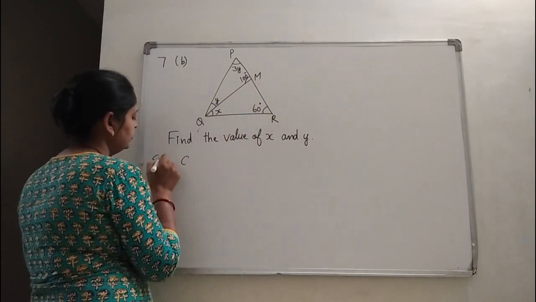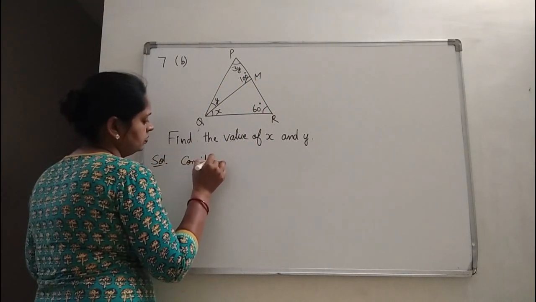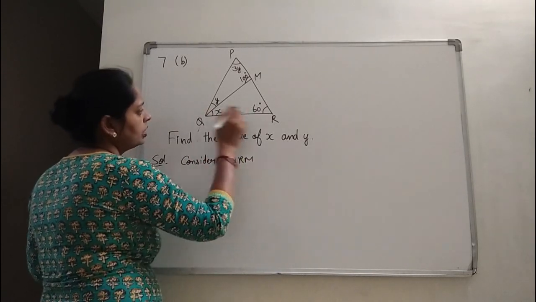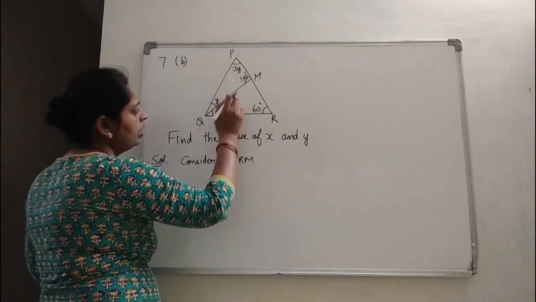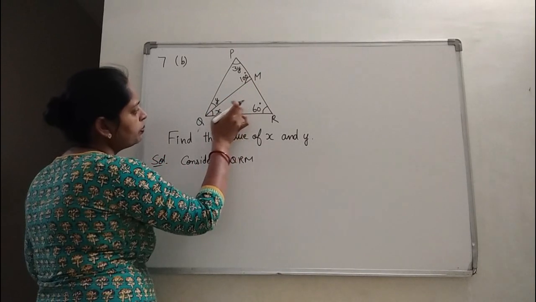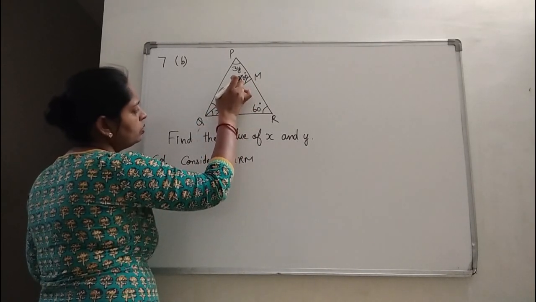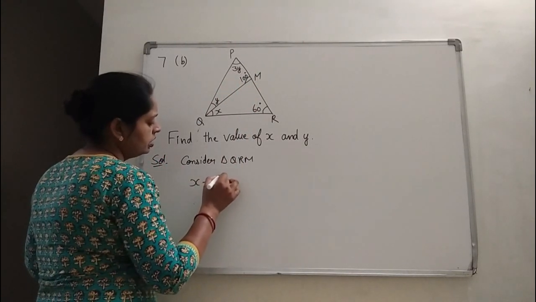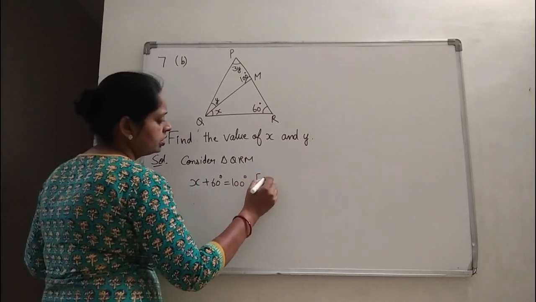Consider triangle QRM. In triangle QRM, 100 degree is the exterior angle and we know that exterior angle is equal to the sum of two opposite interior angles. So X plus 60 will be equal to 100 degree. And what is the reason?